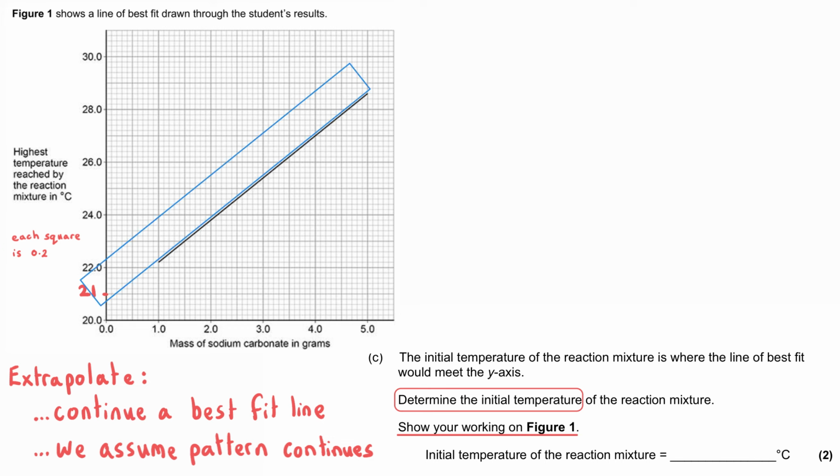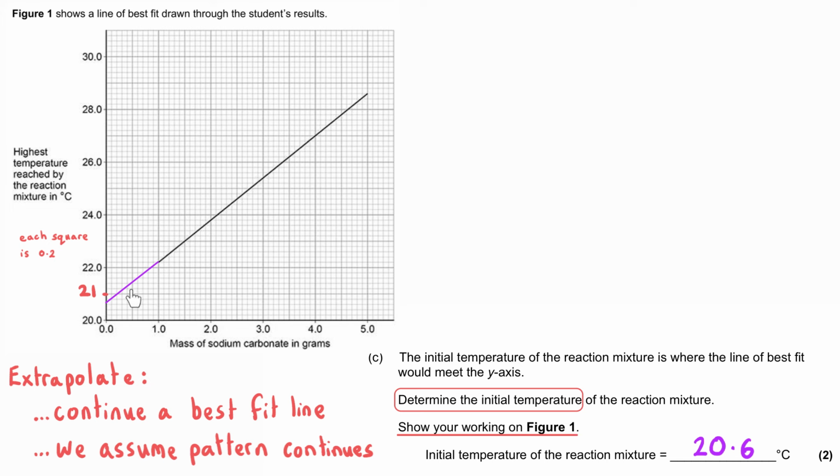And to do this, you would simply put your ruler and line it up with the best fit line, and then draw an additional line from where the best fit line ends to where the best fit line would meet the y-axis. And when I do this, I get just over 3 little squares above the origin. And so that means that since each little square is worth 0.2, I've got a value of 20.6 degrees C for my extrapolation.